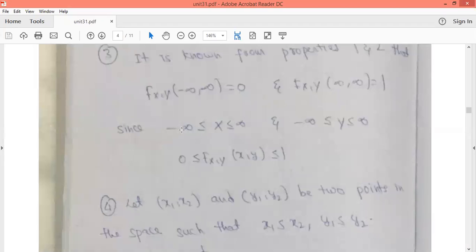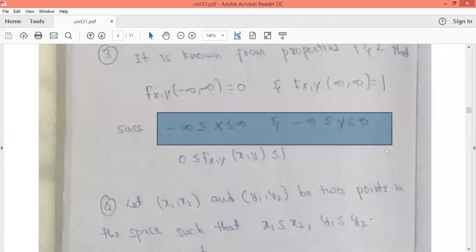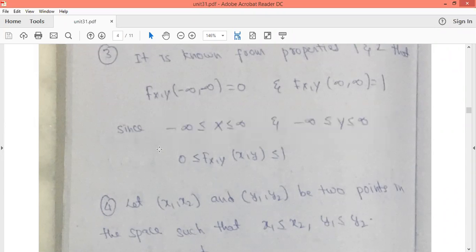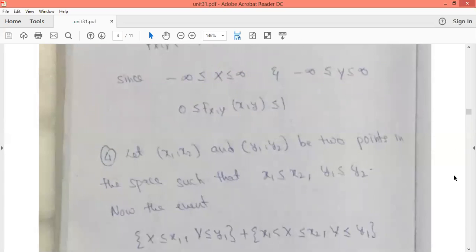Since the x value varies from -∞ to +∞, and the y value also varies from -∞ to +∞, from these two properties we know the range of F_XY. The range of the joint probability distribution function is between 0 and 1. The minimum value will be 0 and the maximum value will be 1.